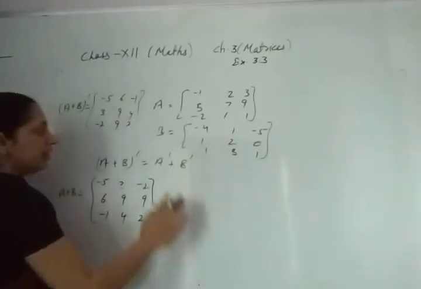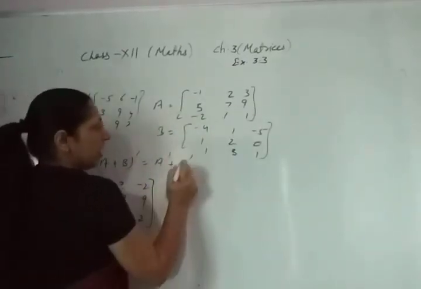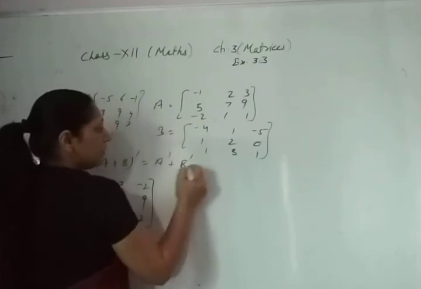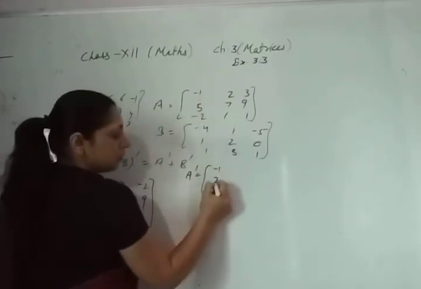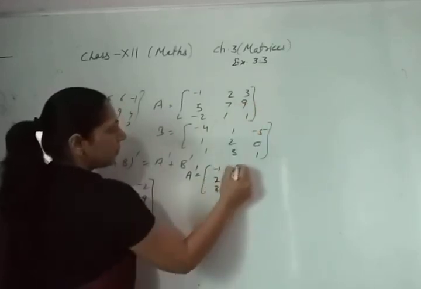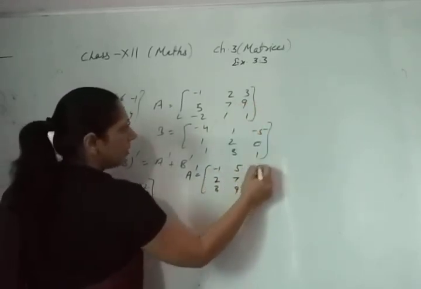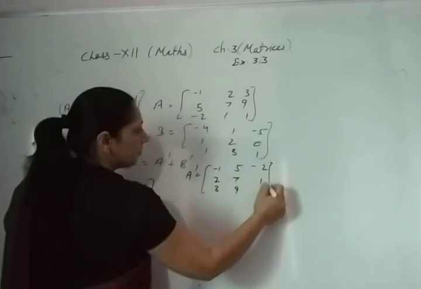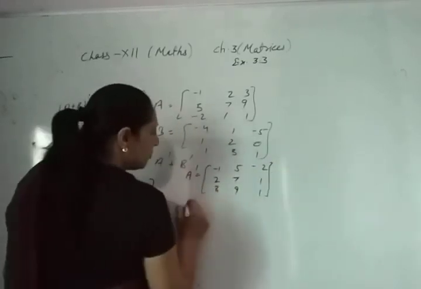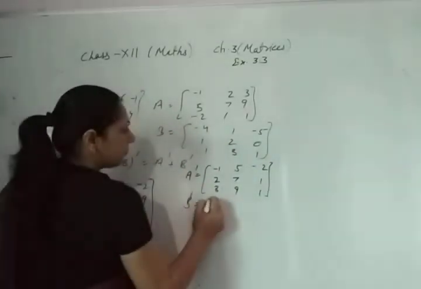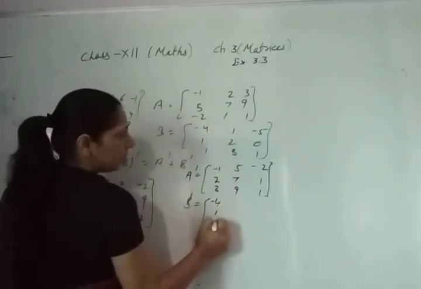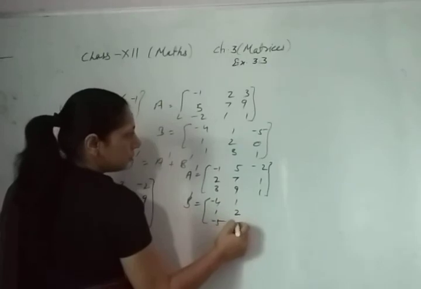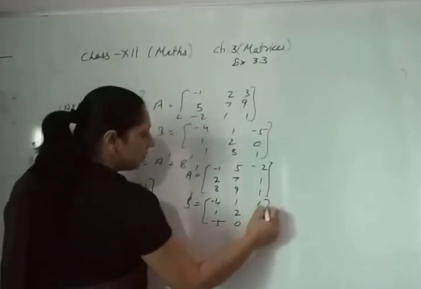Now the right hand side. First we have to find A transpose and B transpose. A transpose is equal to -1, 2, 3, 5, 7, 9, -2, 1, 1. And B transpose is equal to -4, 1, -5, 1, 2, 0, 1, 3, 1.